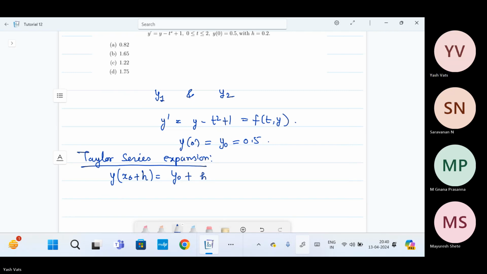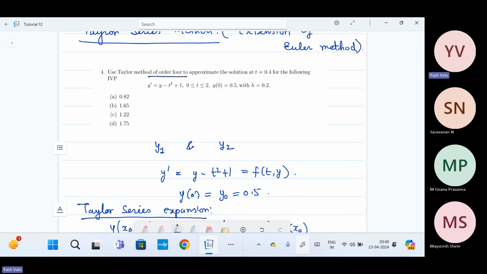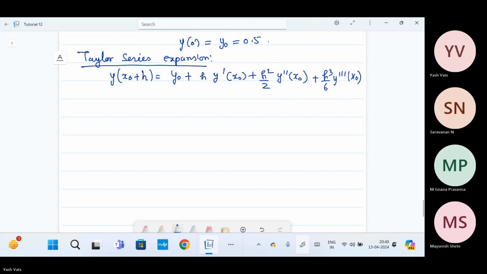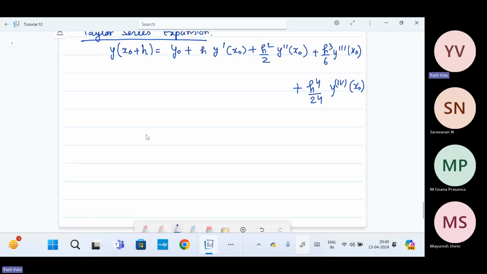h y prime x naught plus h square by 2 y double prime x naught. The question is saying of order 4, so we need to go by 4 terms, plus order of h to the power. We need to stop here, right?